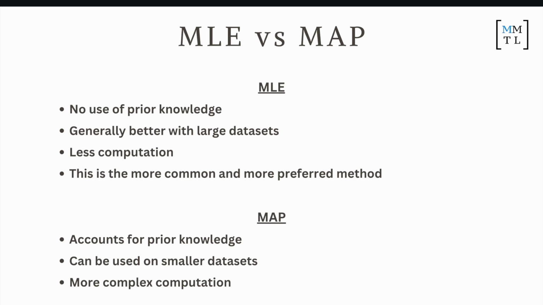So it could be seen as more subjective than MLE, which is why MLE would be generally more preferred. But MAP is able to work for smaller data sets. And let's say you do have that prior knowledge and you want to put it into your calculation, then MAP might be your tool of choice.